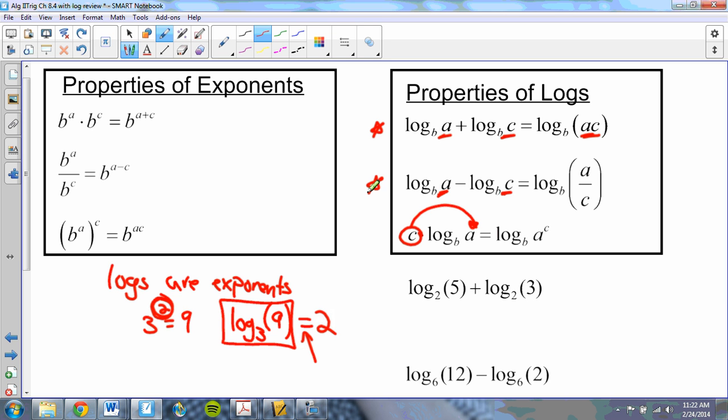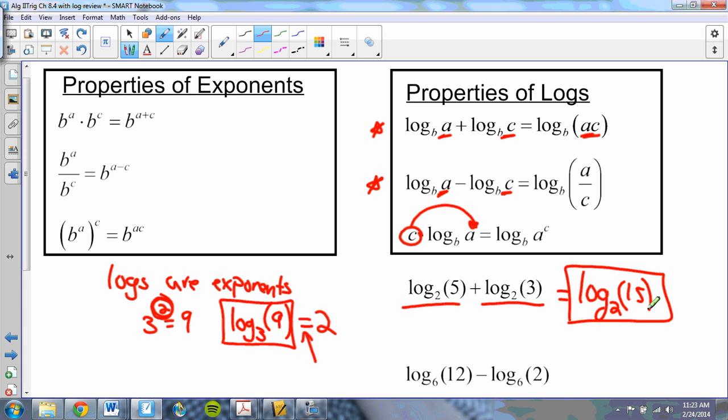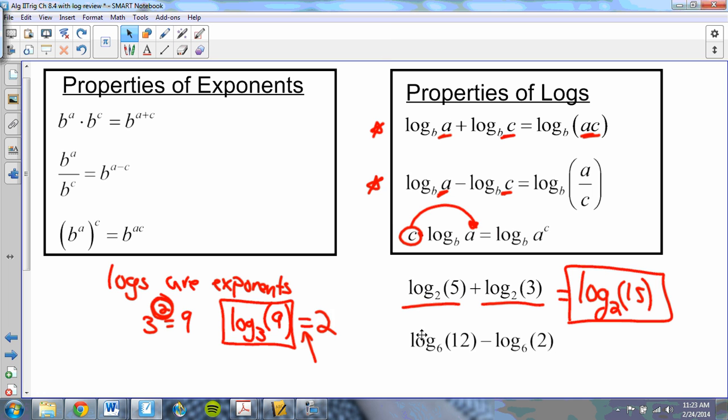They're still worth learning. Okay, here I have two logs that are being added. So they can simplify with multiplication. That becomes log base 2 of 15. Here I have two logs that are being subtracted.